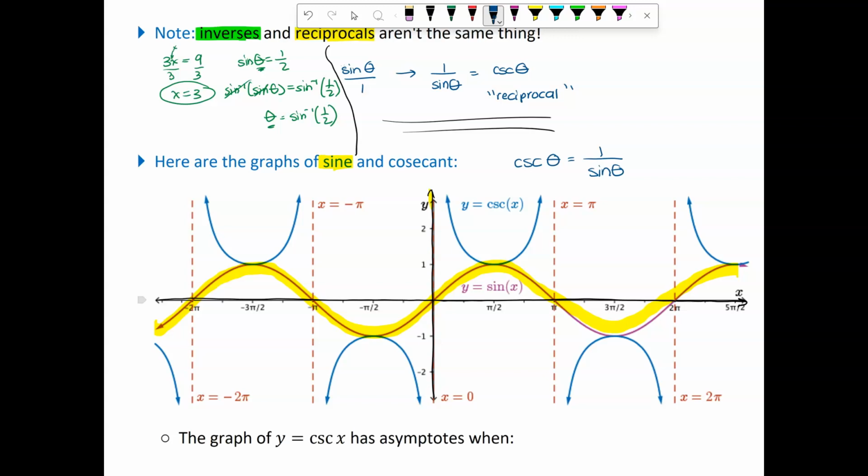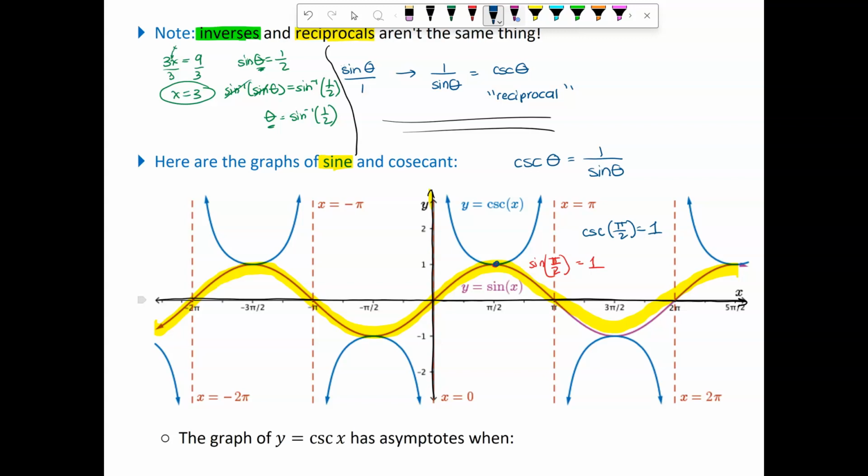So for example, we have a dot here. This value here is telling me that sine of pi over 2 is equal to 1. Well, when we take the reciprocal of that to get the cosecant of pi over 2, we're flipping 1 over 1, which stays 1. So that's why we were talking about that self-reciprocating. That point stays the same. But that's not always the case.